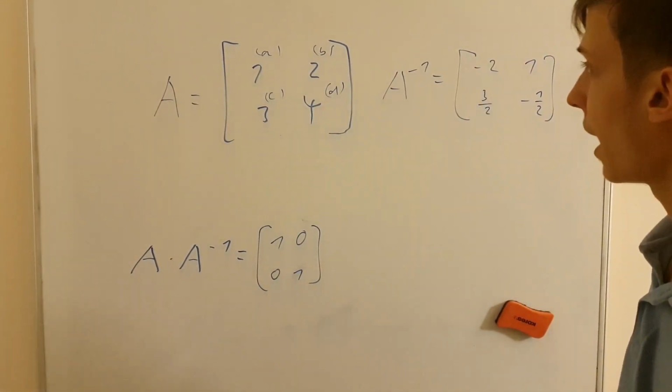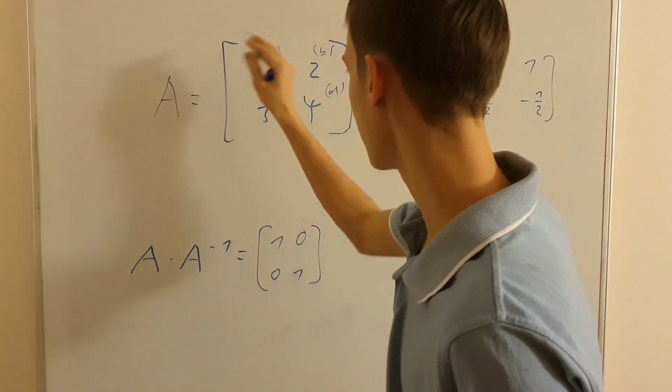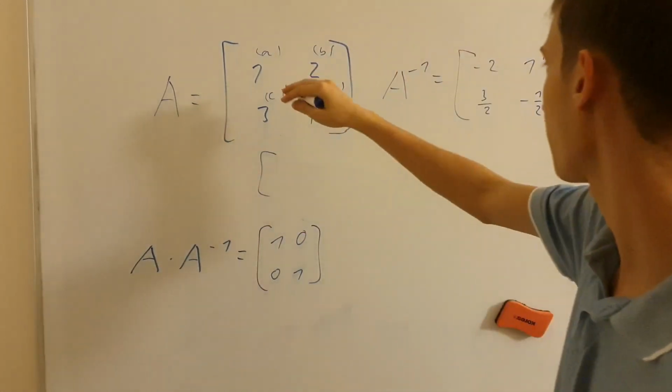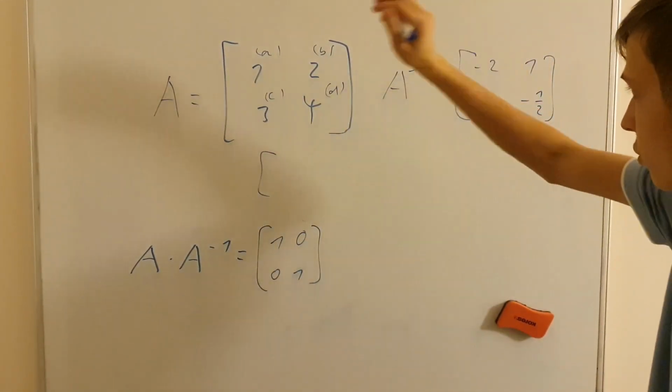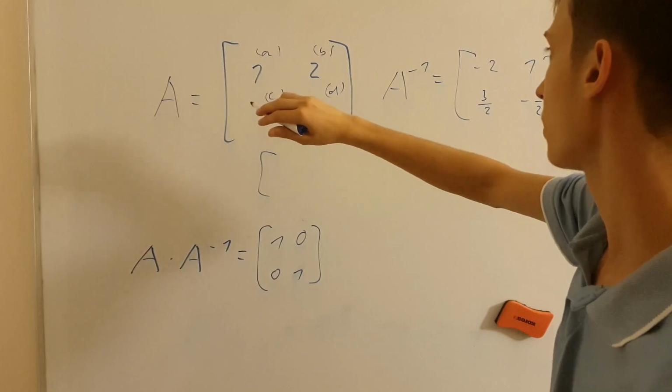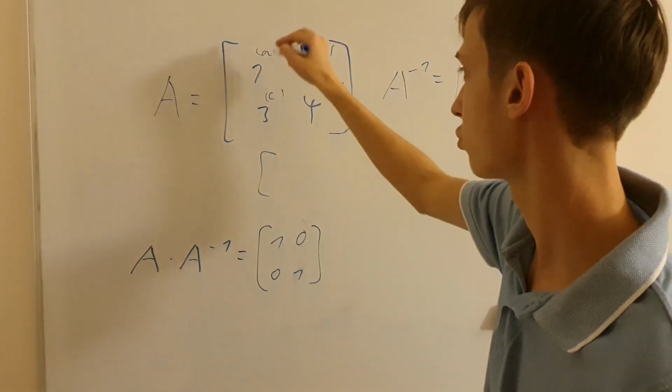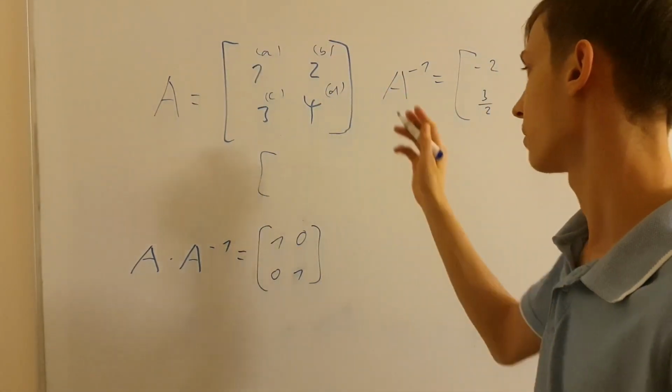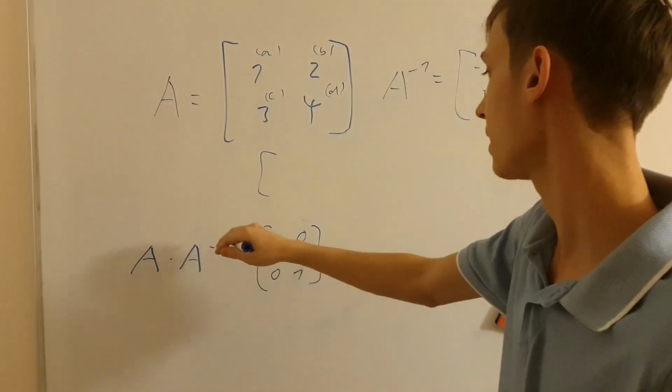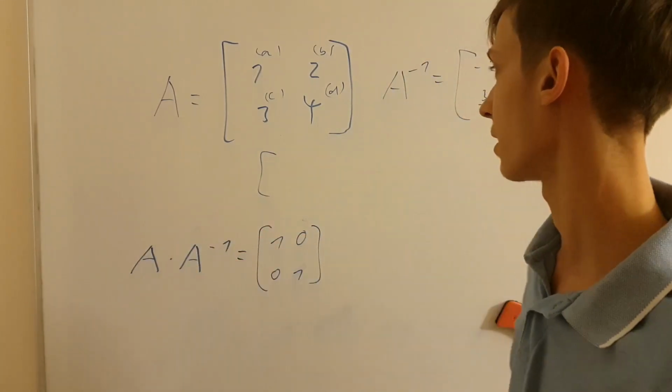The idea is basically I take this first matrix, so let's say I multiply this one by this one. I can also do it the other way around, but I will do A times A inverse instead of A inverse times A.